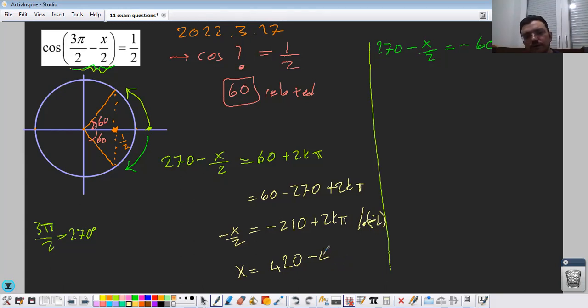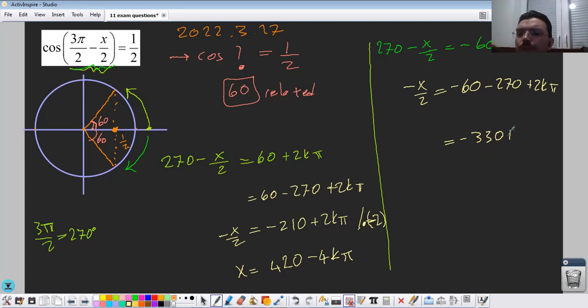Okay, let me write that better: minus 4kπ. Let's do similar calculations for here. 270 to the other side, minus x/2 equals minus 60 minus 270. If you add them, the result will be minus 330, I think, if I'm not mistaken, plus 2kπ. There will remain minus x/2.